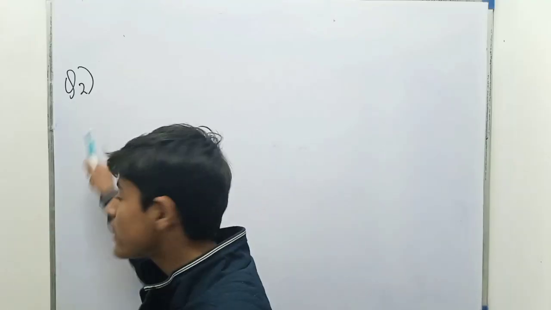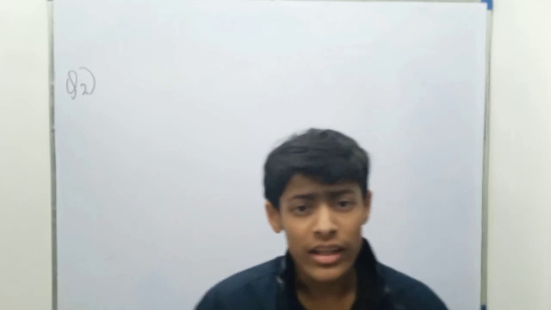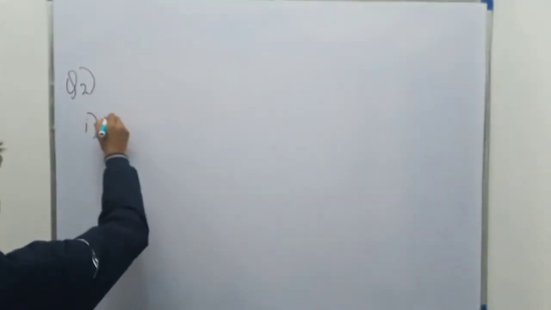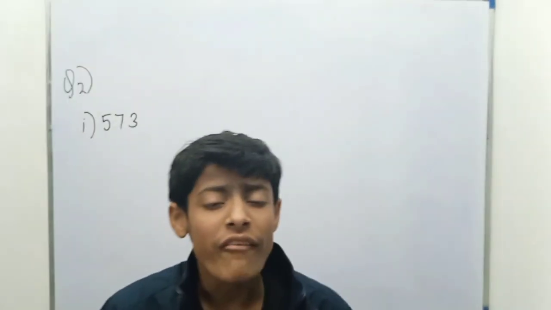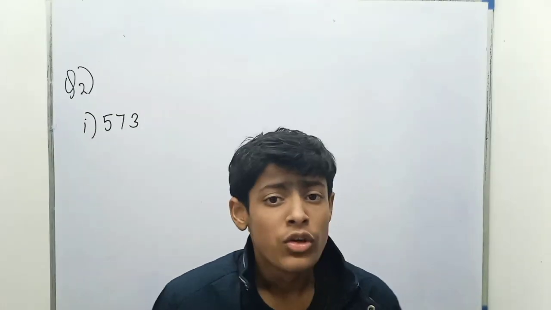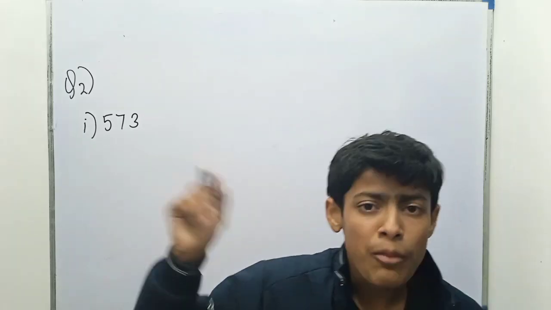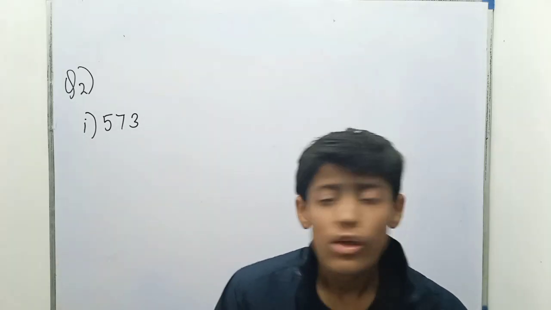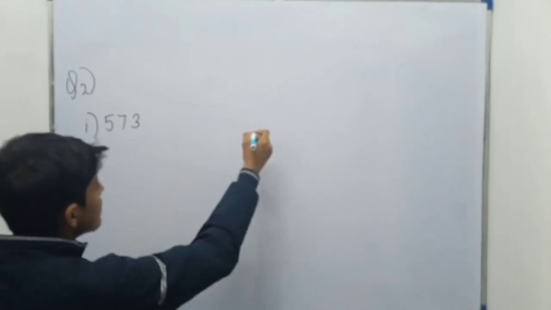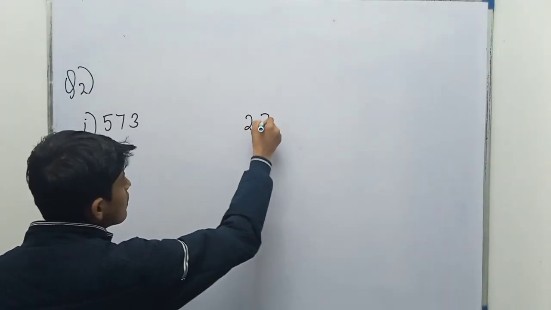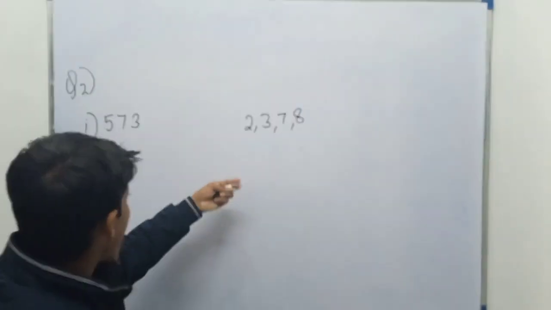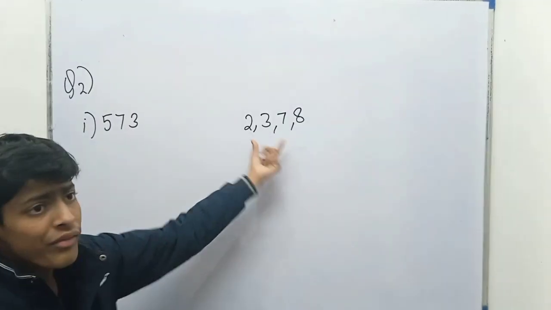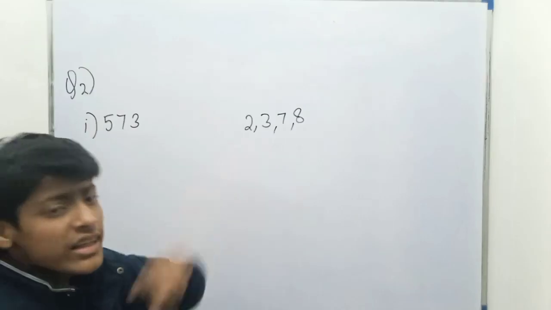Now guys, our next question is that we know the number 573 is not a perfect square, so we have to give a reason why it is not a perfect square. In the last video we studied some properties; you can check it on my channel. We studied that if the digits 2, 3, 7 and 8 are at the unit place of any number, then it is not a perfect square.